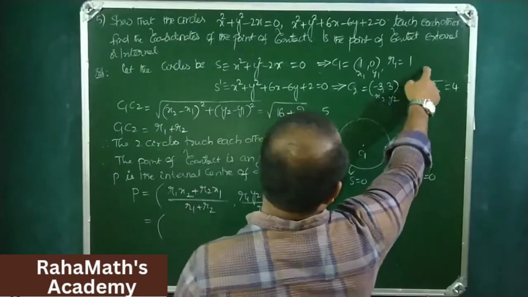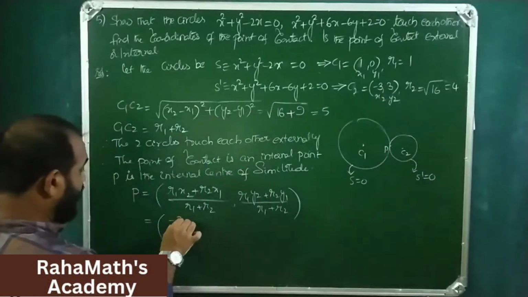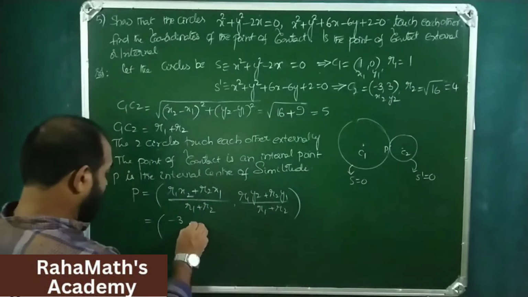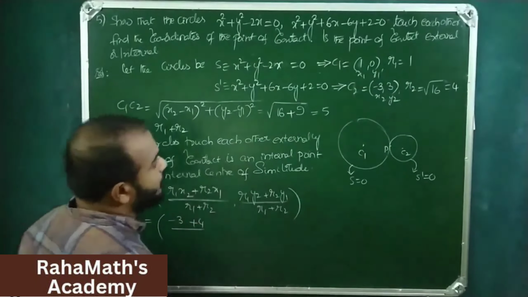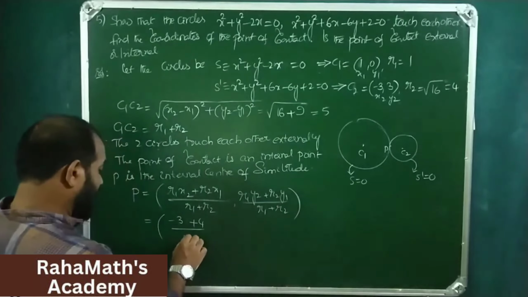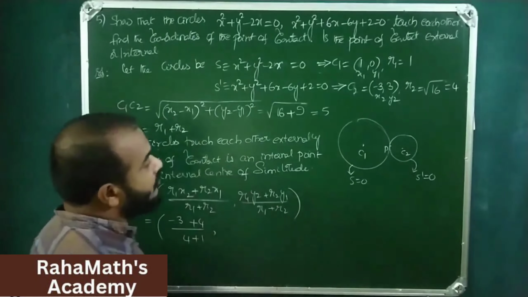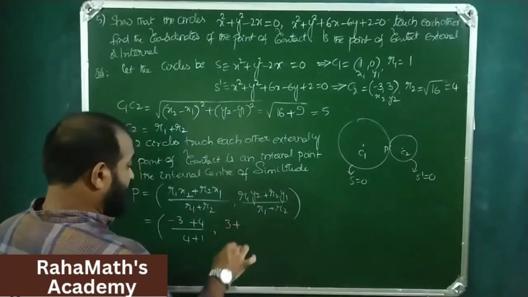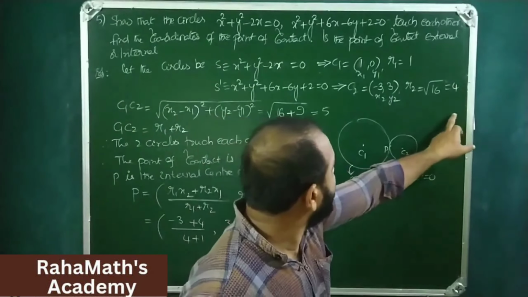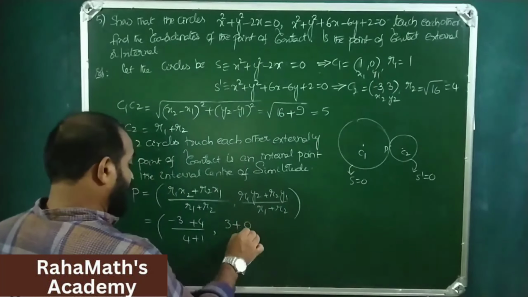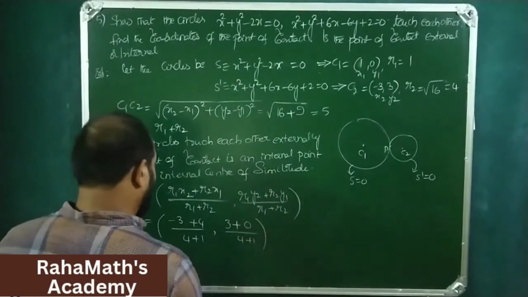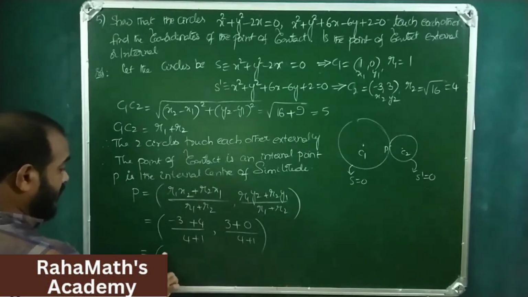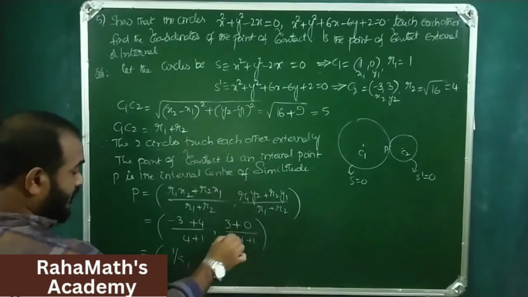R1x2 is 1 into minus 3, plus R2x1 is 4 into 1, by R1 plus R2, 4 plus 1, comma, R1y2 is 1 into 3 plus R2y1 is 4 into 0, by R1 plus R2. So therefore the answer we get is minus 1 by 5 comma 3 by 5.